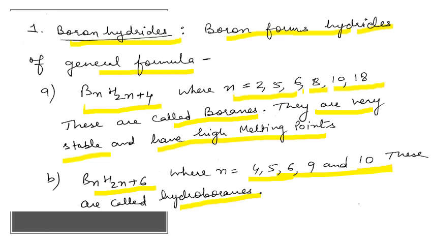Understood? So we have two types of boron hydrides: those with the general formula BnH2n+4, which are called boranes, and the second with the general formula BnH2n+6, which are called hydroboranes.